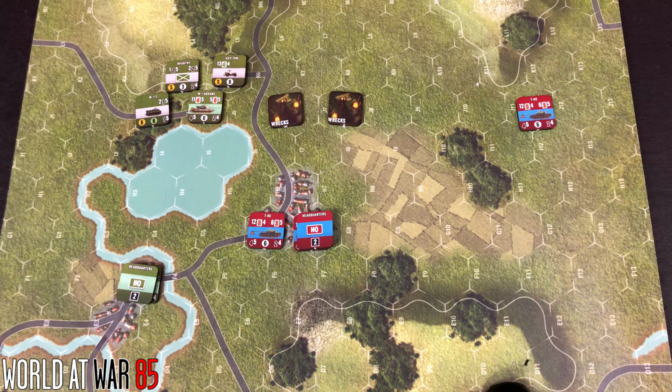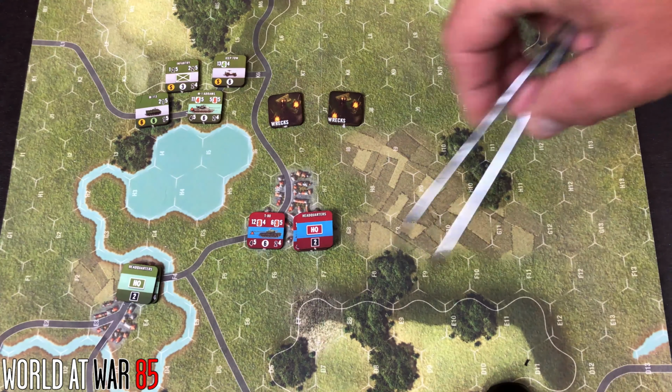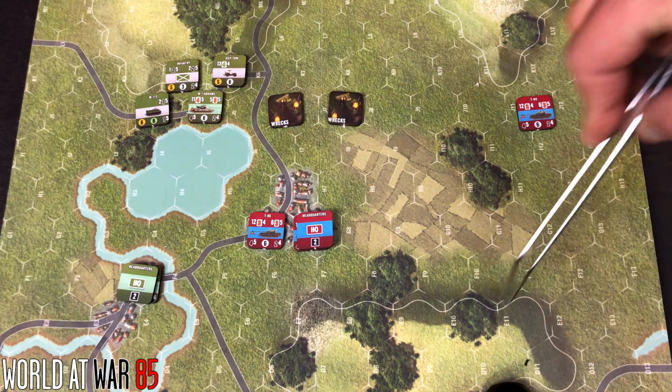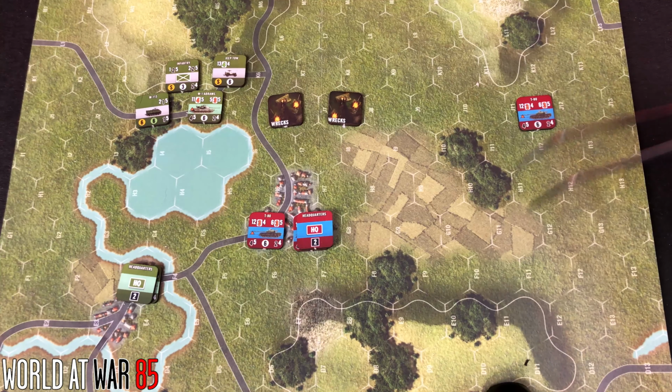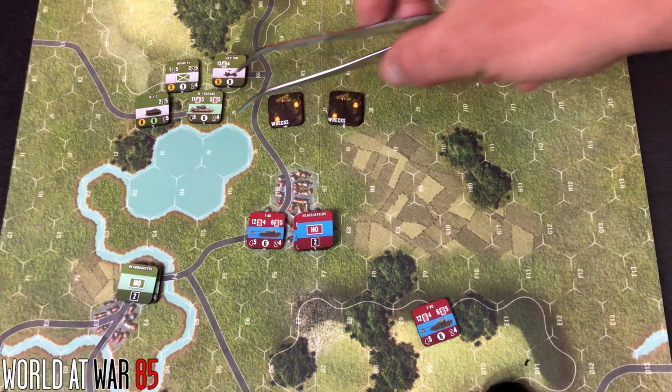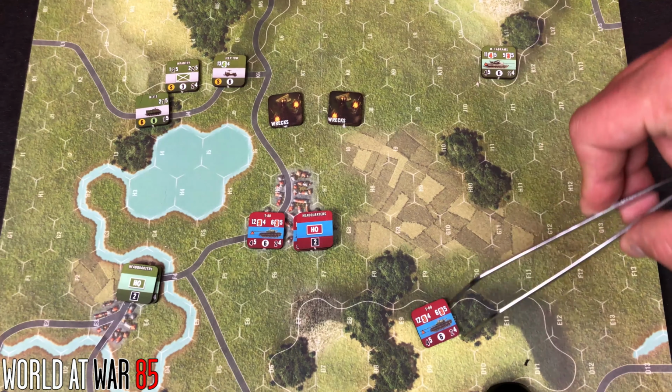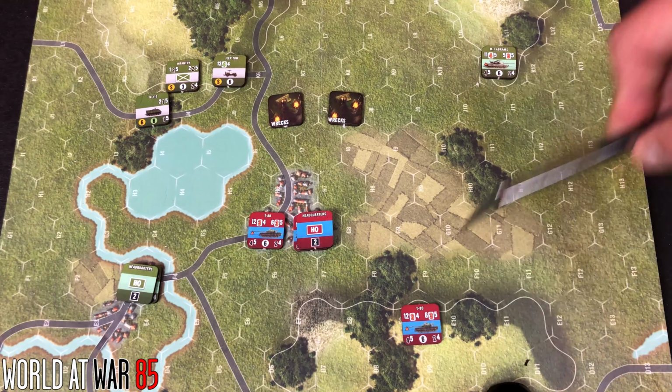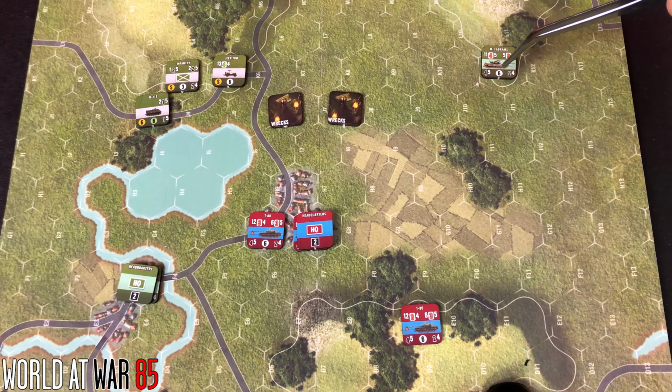Also, when it comes to line of sight, you're going to have different elevations come into it. I definitely recommend you look in your rulebook and look at all the different illustrations that will give you good examples of the different types of effects from elevation. But just as a few different examples, we have our hills located here. Again, you can tell by the curvy line at the edge signifying this is a hill. If we have units that are on the hills, they can trace line of sight over what would normally be considered blocking terrain and be able to conduct attacks to each other.